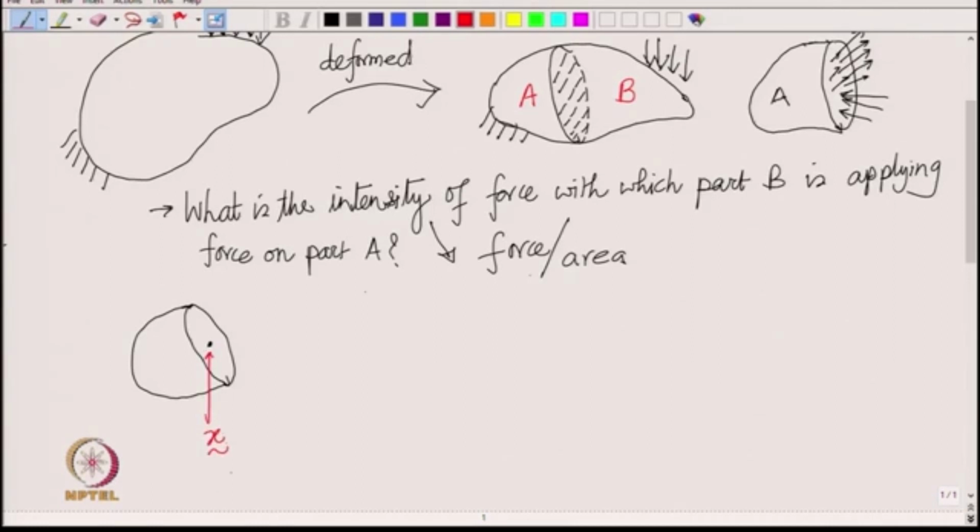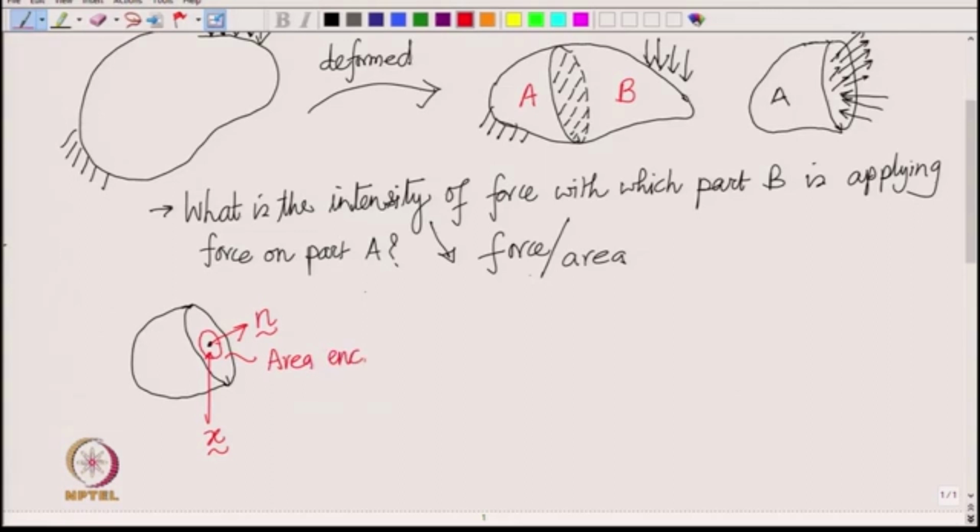Remember that when I write this x with a tilde below, it is a vector. One tilde means it is a vector, two tildes means it is a second order tensor. Why do not we draw a small circle about that point? This circle has to lie on this plane, and this plane may have some normal n. So, n is the direction of the normal, x is the point where I want to know the intensity.